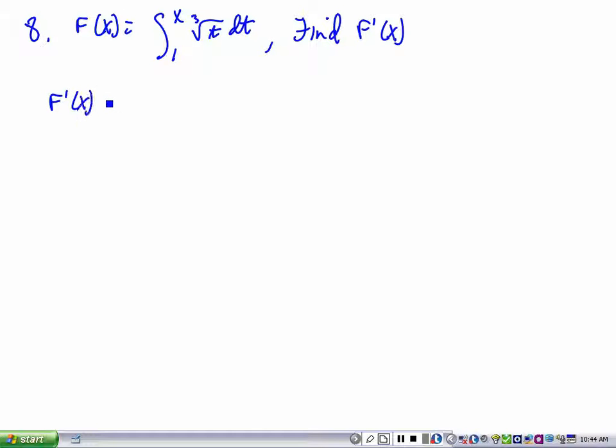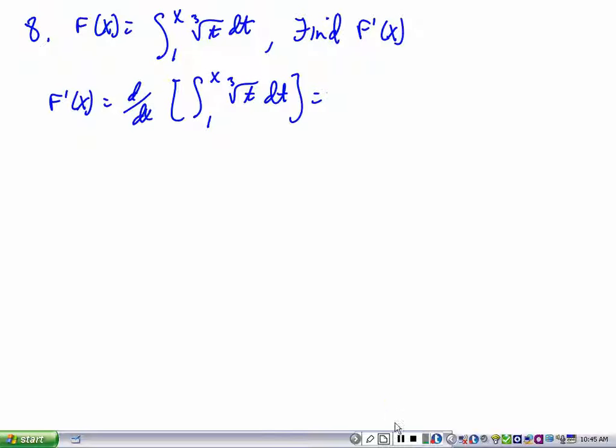So F prime of x is the derivative with respect to x of the integral from 1 to x of the cubed root of t dt.